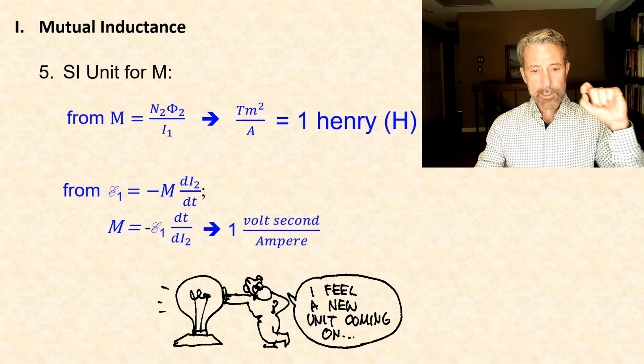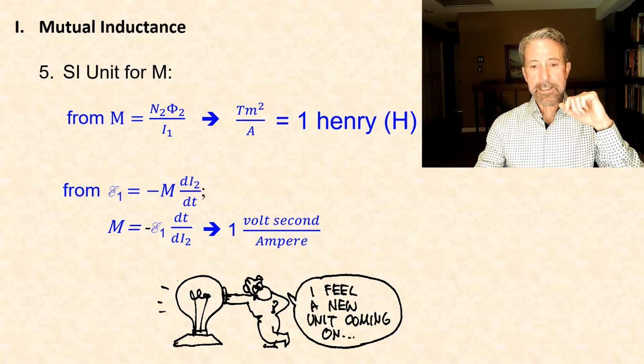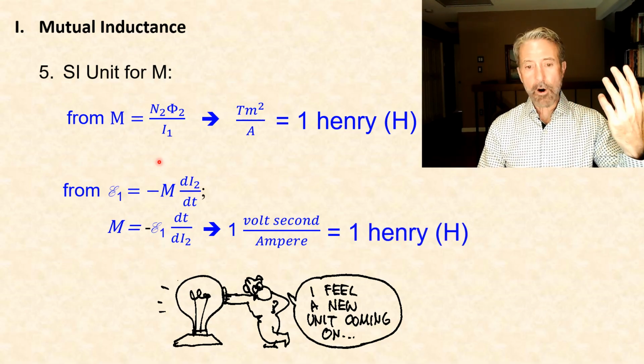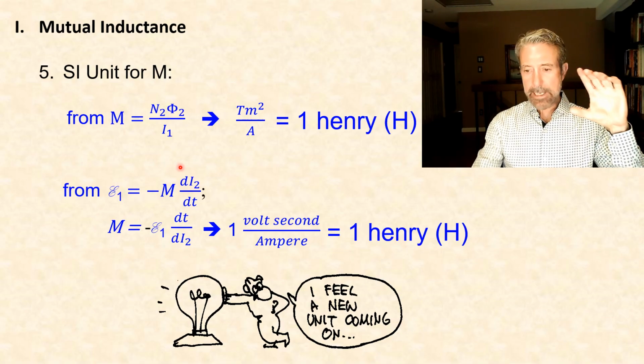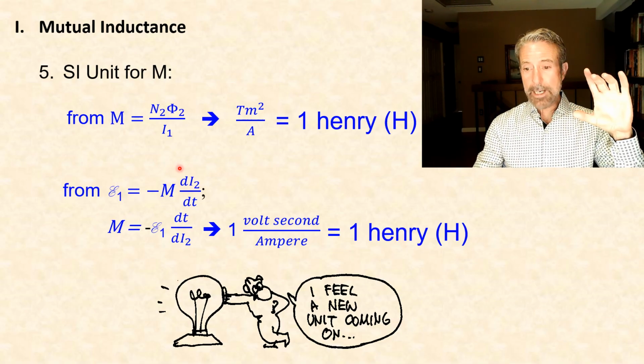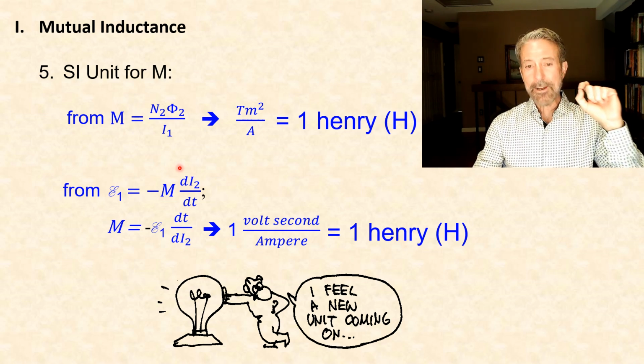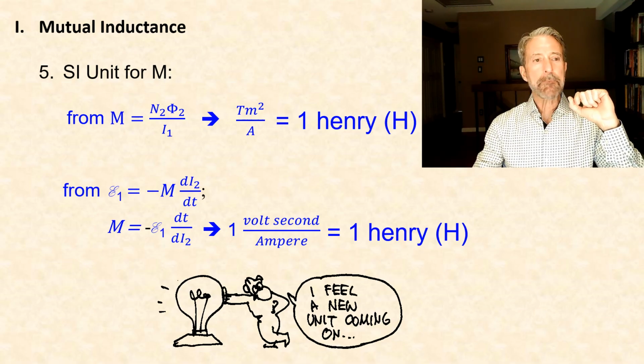When we plug in our SI units, the EMF is measured in volts, dt has the SI unit of second, and current is in amperes. So a volt second per ampere is also what we call 1 henry. Henry is the unit we use for mutual inductance, and as we will see when we talk about self-inductance later in this presentation, it is equivalently the unit we use for self-inductance as well.